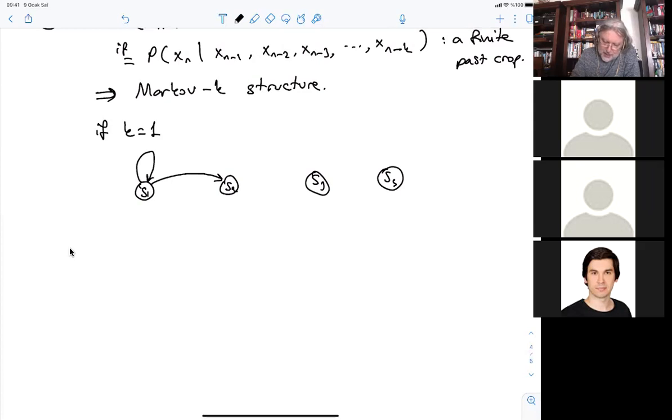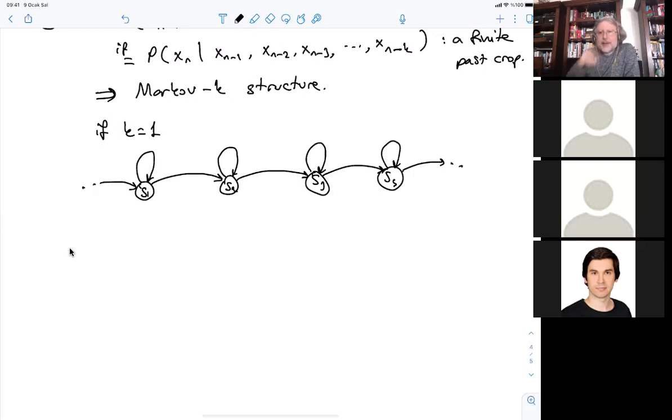If from S2 to S2, we emit another output if the transition is like this, or from S2 to S3, from S3 to S4, S4 to whatever. It may be coming from other places. It may be a very long set of states. We may have loops, so the next state may stay the same, or it may be the next state or the previous state. So it's like this. The situation of the Markov chain is like this.